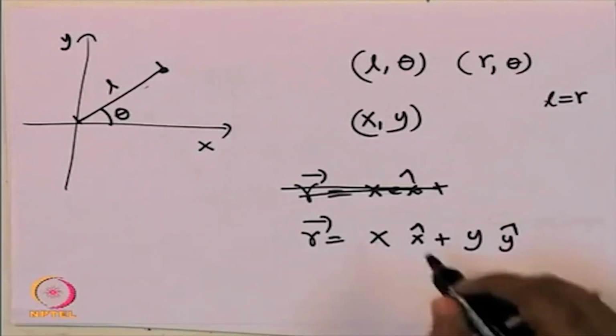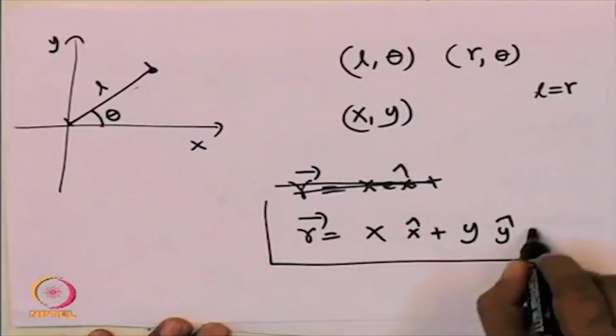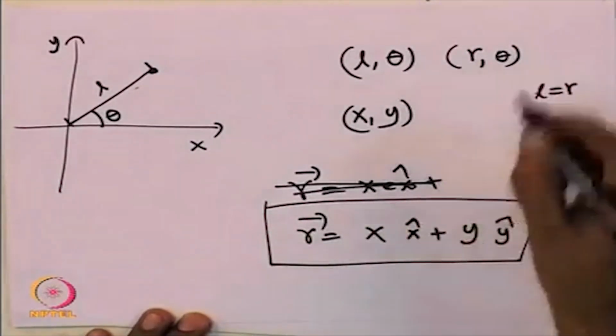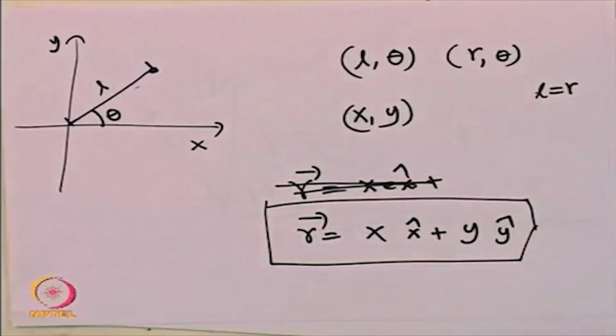Now, if this is the formula for this r vector, what is the formula in terms of little r and theta? So, that is the question. Let me explain what I was telling in the last 2 minutes.